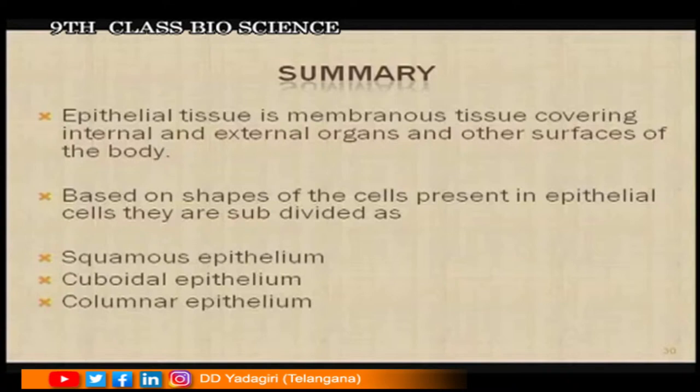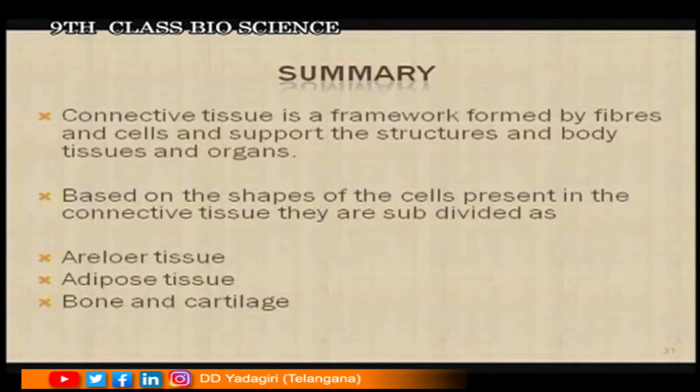Based on the shapes of the cells, it is subdivided into squamous epithelium, cuboidal epithelium and columnar epithelium. Connective tissue is a framework formed by fibers and cells that supports the structures and body tissues and organs. It is subdivided into areolar tissue, adipose tissue, bone and cartilage.